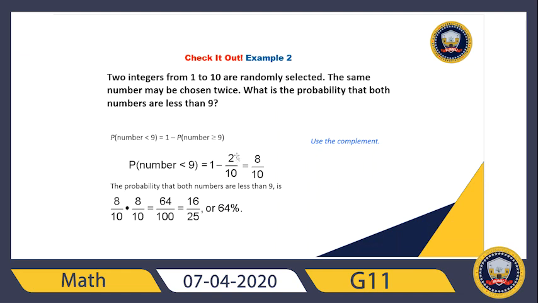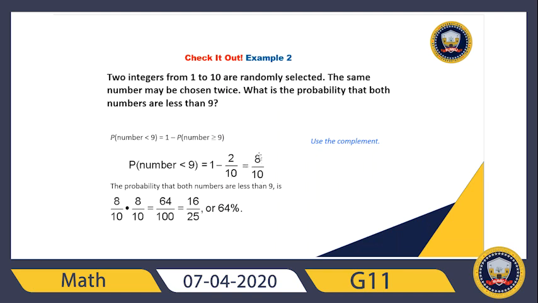That's why I wrote 2 out of 10, because the sample space in this case is 10 numbers, while the favorable outcomes for this event are two numbers, 9 and 10. So that's why I wrote 1 minus 2 over 10, which gives me 8 over 10.